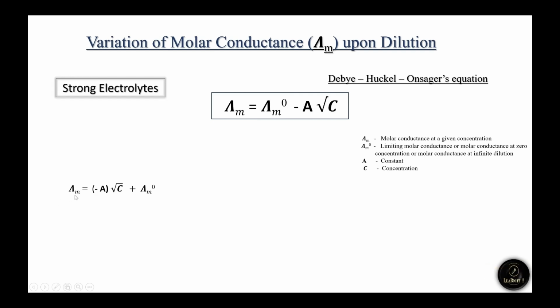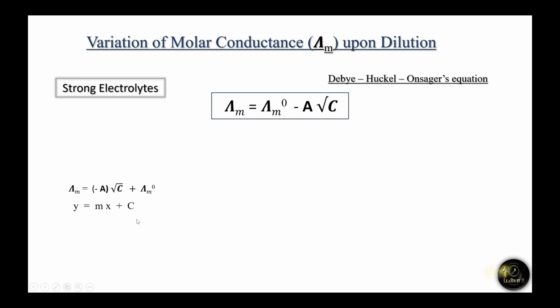That's why lambda m is equal to minus a into root c plus lambda naught m. So this represents y is equal to mx plus c, which represents an equation of a straight line, where the y-axis represents lambda m and the x-axis represents root c.